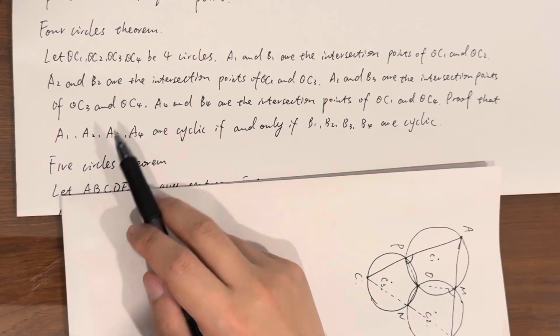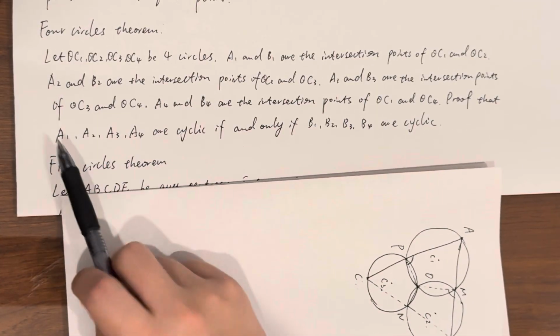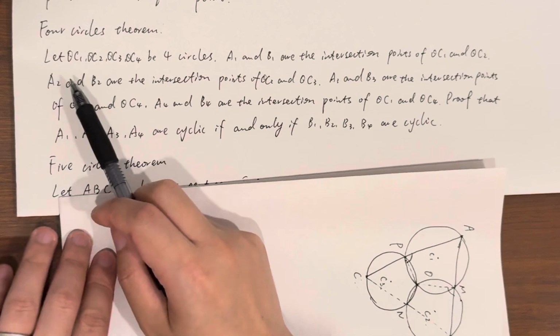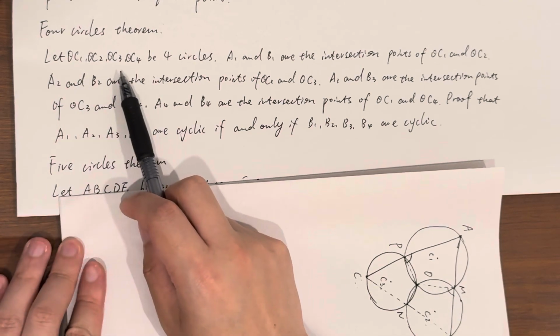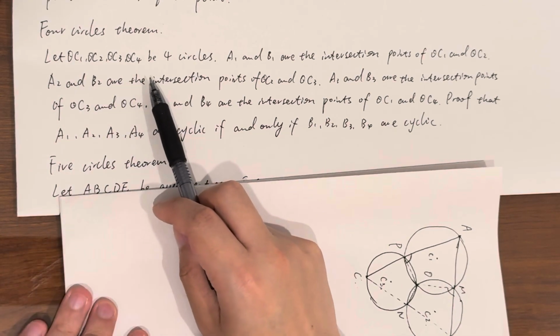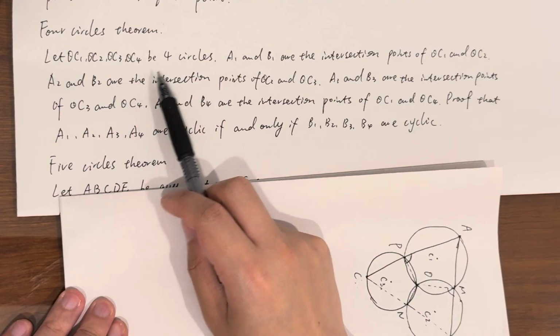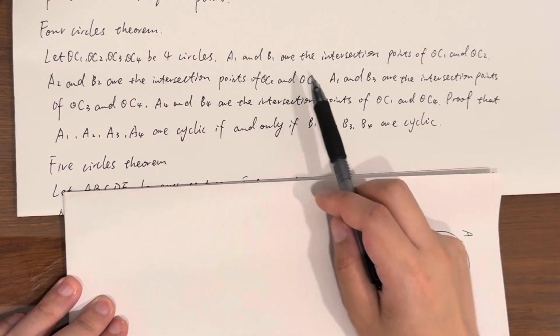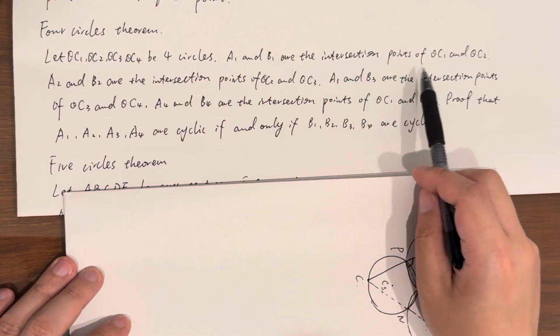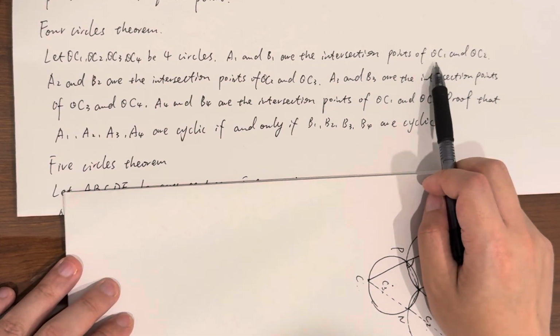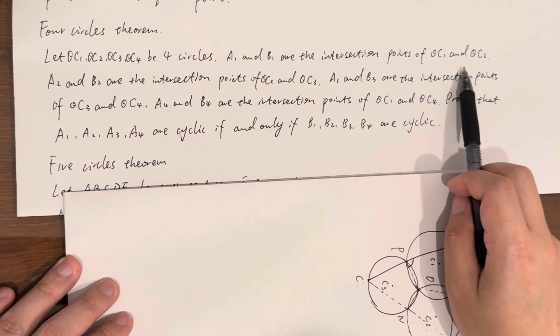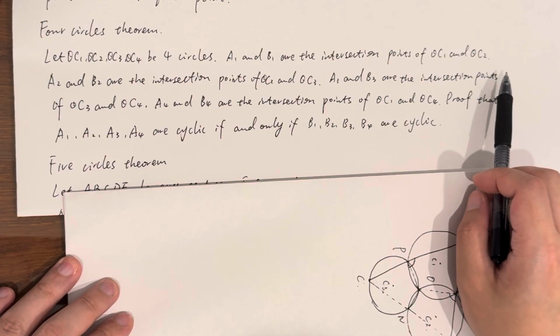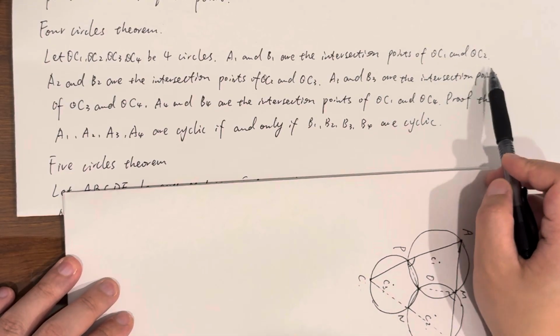The four circles theorem says: let circle C1, circle C2, circle C3, circle C4 be four circles, and A1 and B1 the intersection points of circle C1 and circle C2.